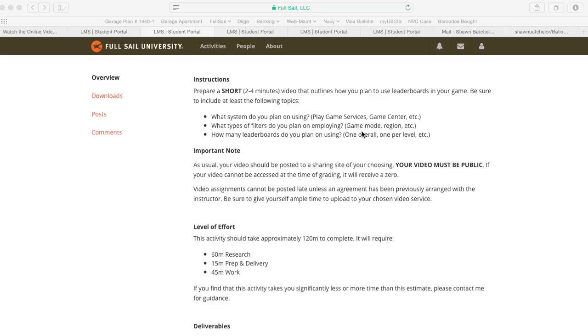The other thing about the game, its simplicity, relates to the next question, where it says, how many leaderboards do you plan on using? I'm just doing one. Right now, the game has one level, it does one thing, and it only has 2 different types of scoring in it. One is the score you get from how many bubbles you burst, or balloons, excuse me, and the second score is your accuracy.